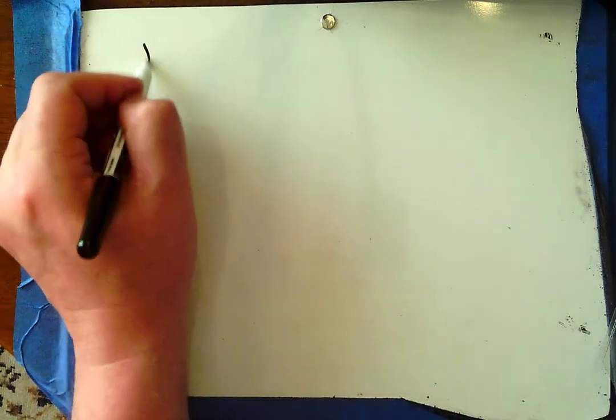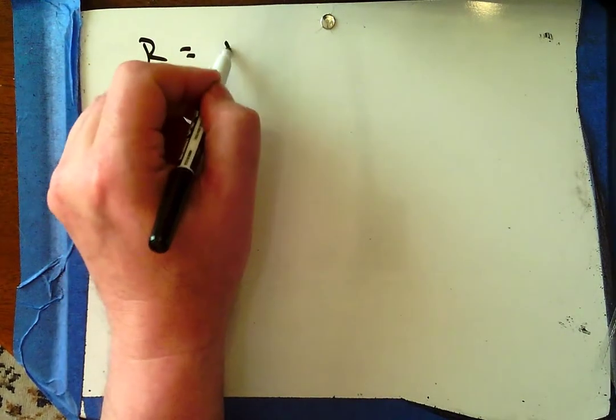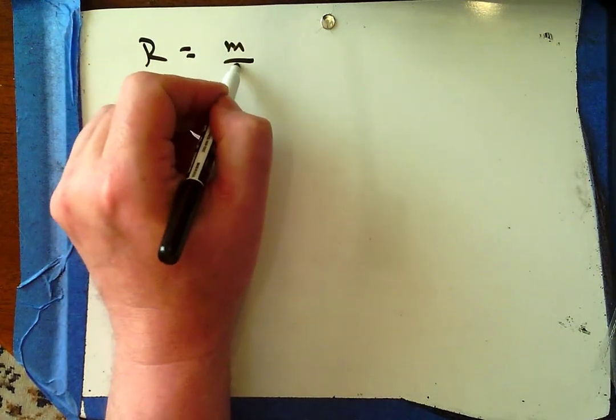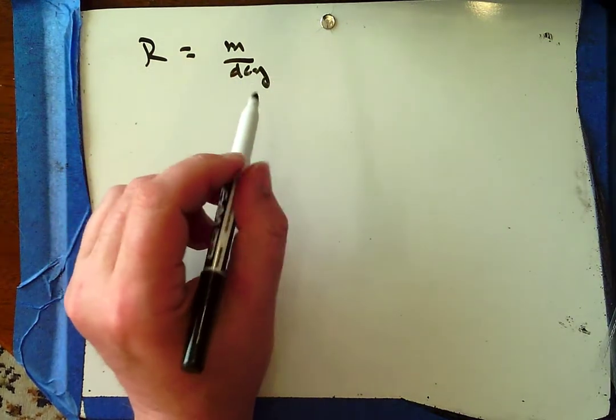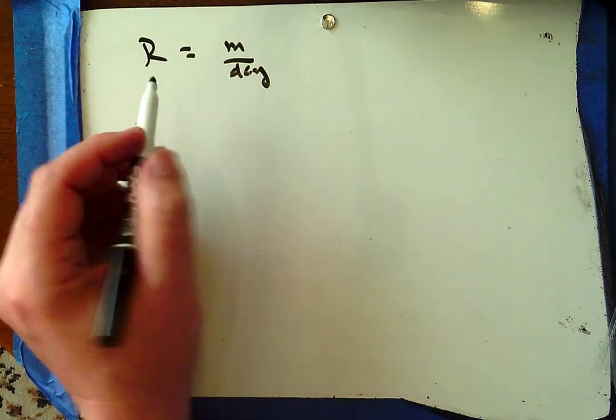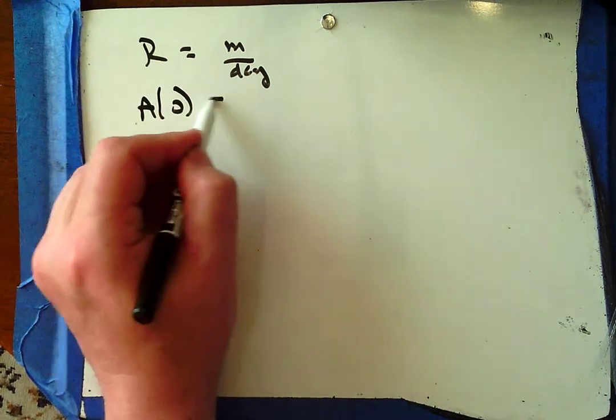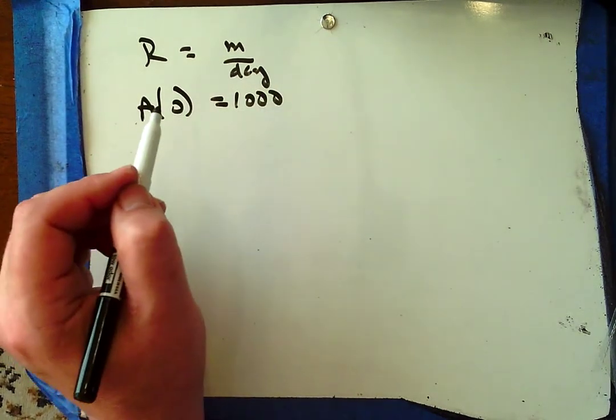Okay. Problem 6. For 0 to 31, the rate of change in the number of mosquitoes is modeled by big R. Big R equals mosquitoes per day. There are, at time equal to 0, 1,000 mosquitoes.